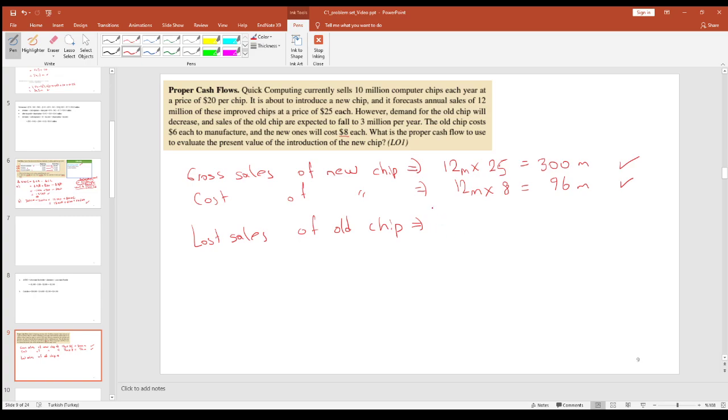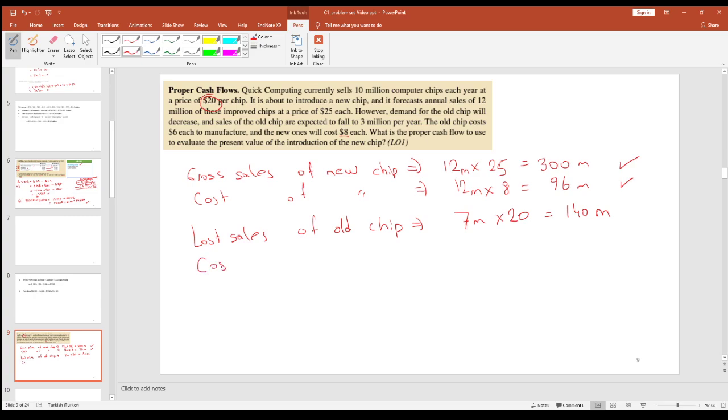So let's see. According to the problem, from 10 million sales I'm going to have 3 million due to the fact that I'm going to introduce a new chip, which means I'm going to lose 7 million old chips. Those 7 million old chips would generate $20 per old chip, as you see, this is the price of the old chip, so I'm going to lose $140 million due to the new introduction.